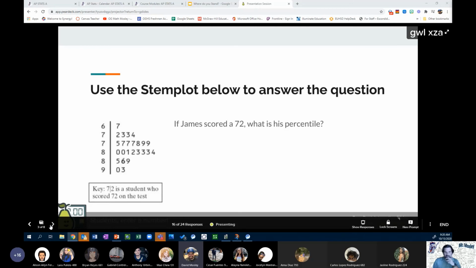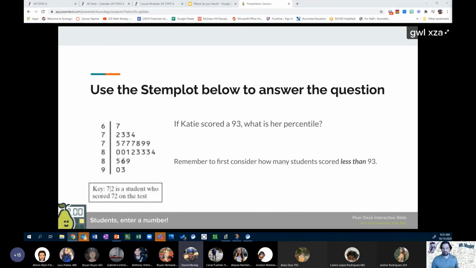Let's try another one. So now we're considering the score of 93. What is the percentile for 93? The correct answer on this one would have been 96, or the 96th percentile.